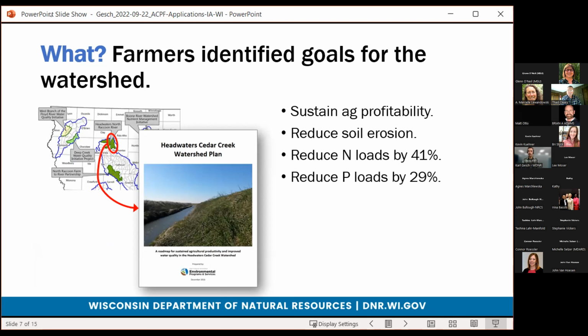Sustain agricultural profitability in the watershed, reduce soil erosion, and then reduce nitrogen and phosphorus loads by 41% and 29%. The context for those 2 numbers is that those are the goals for agriculture within the state's nutrient reduction strategy. So the farmers adopted the statewide nutrient reduction strategy goals locally for their own HUC 12 watershed.